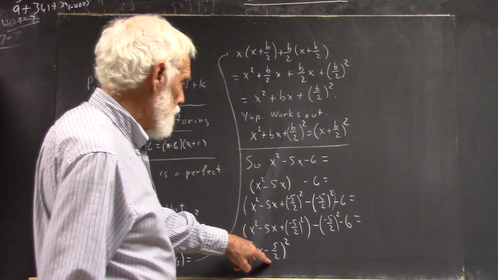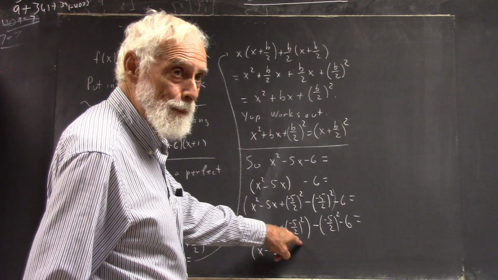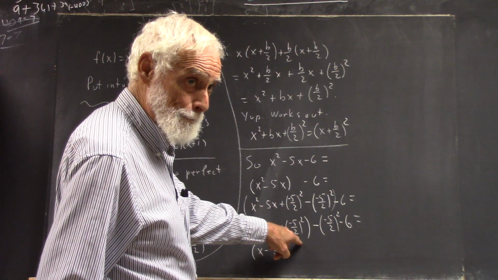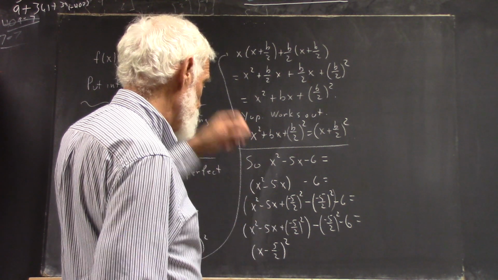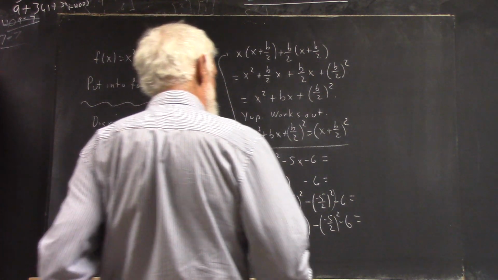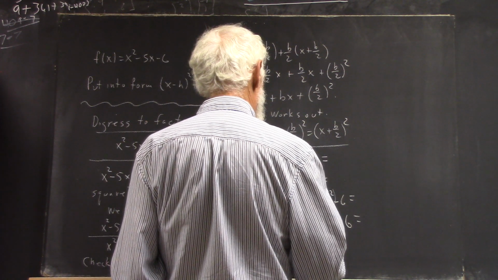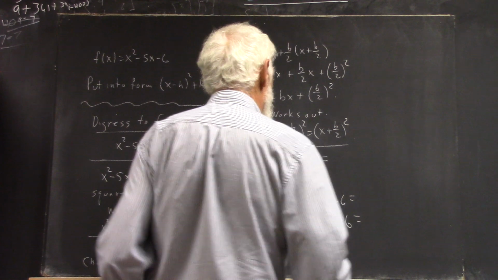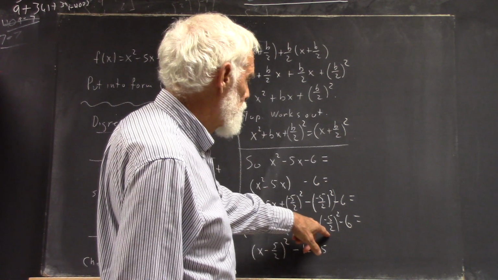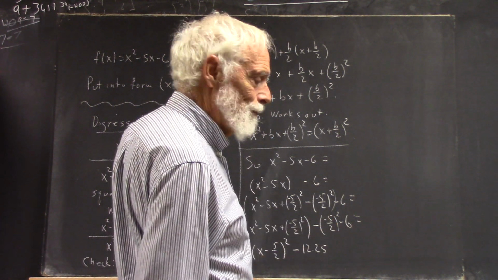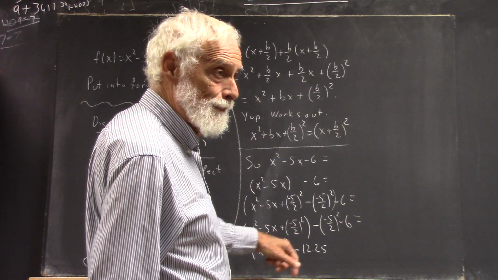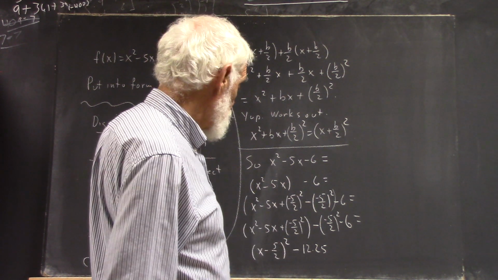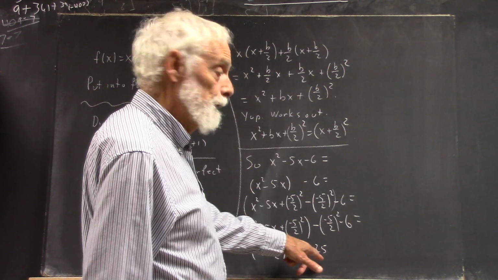This is just x minus 5/2 squared. If you square this, this is what you get. And negative 5/2 squared minus 6 is negative 12.25. So right here we've got our horizontal shift and our vertical shift.